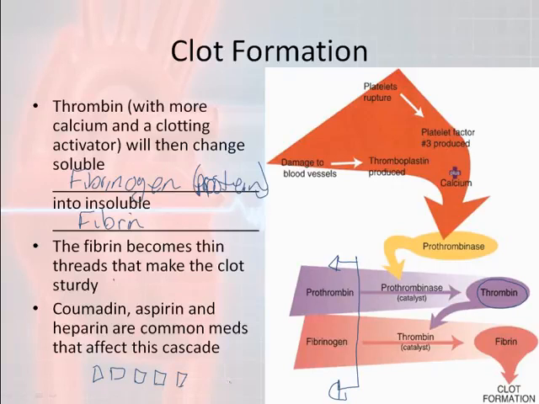As this free-floating fibrinogen comes in contact with thrombin, the thrombin will cause the fibrinogen to start bonding together. It's not truly bonding, but that's what it does. They get put together like this to create fibrin.